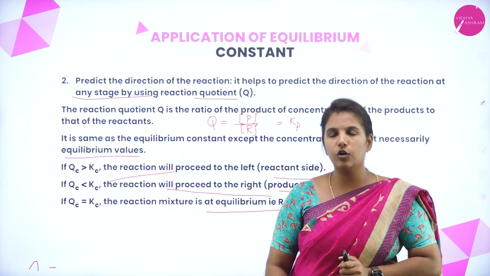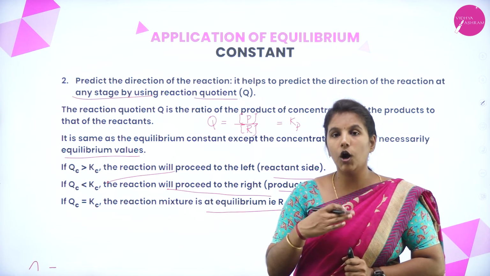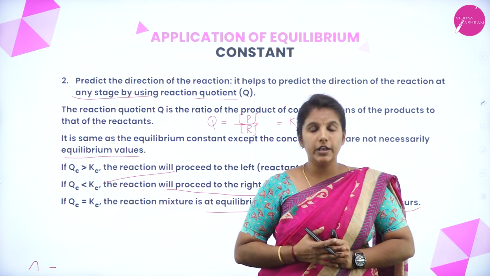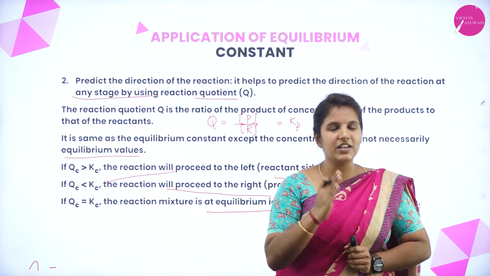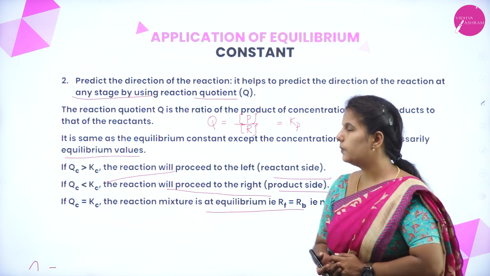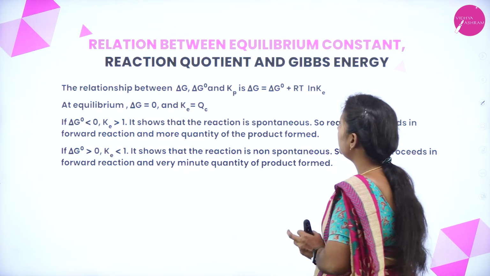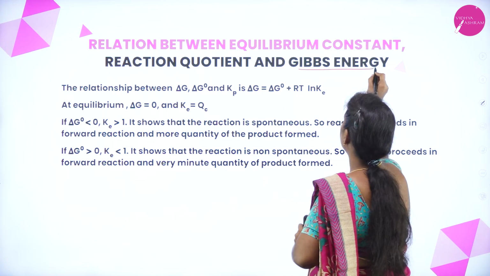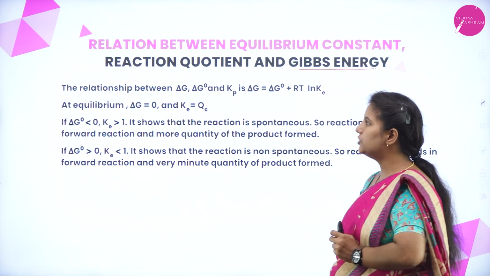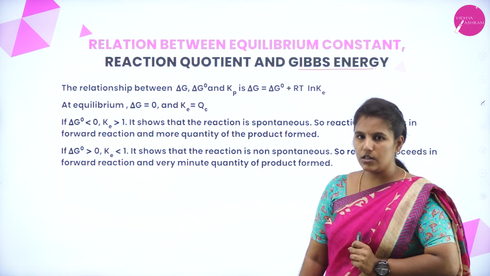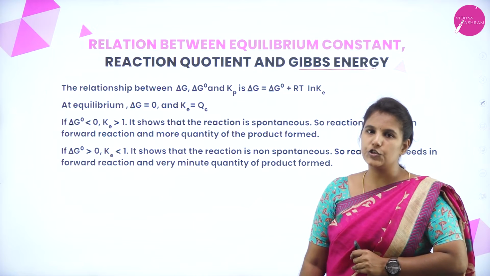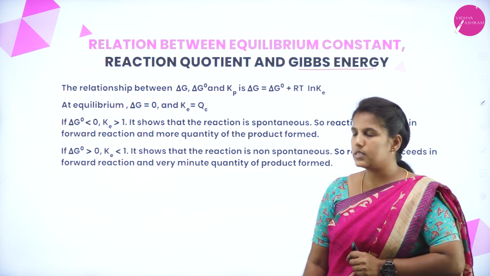This is how the reaction quotient Q or Qc is expressed in order to indicate the direction of the reaction. Next, we have the relationship between the equilibrium constant, the reaction quotient and the Gibbs free energy. We already understood what the Gibbs free energy is in thermodynamics. Correct, no?